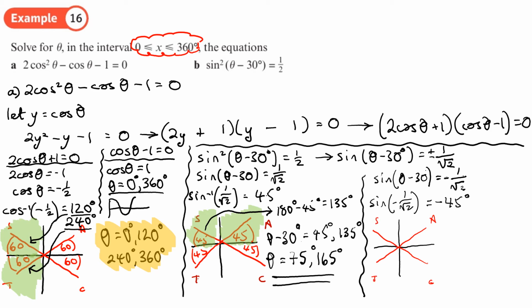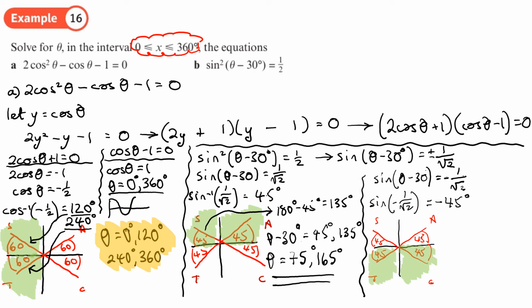C-A-S-T. So there's our first solution there. These are all going to be gaps of 45. Our first solution landed in the part of the CAST diagram which was over here. Sine is negative there. Where else is sine negative? Over here.